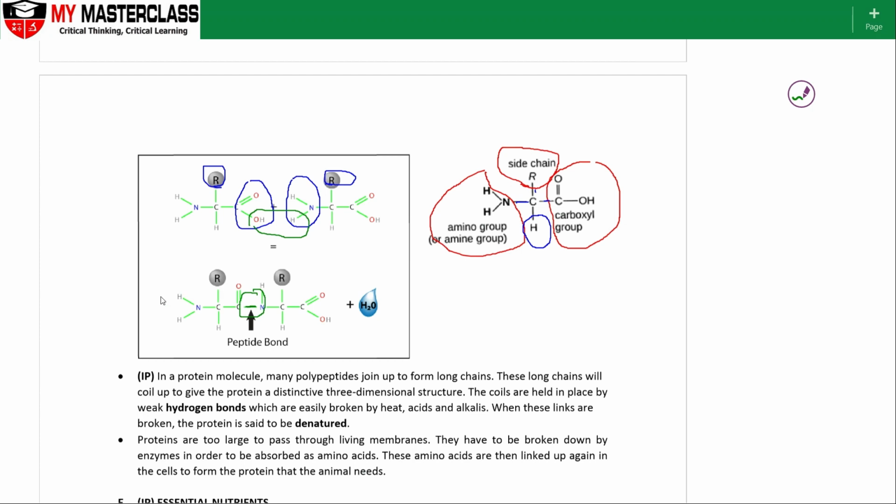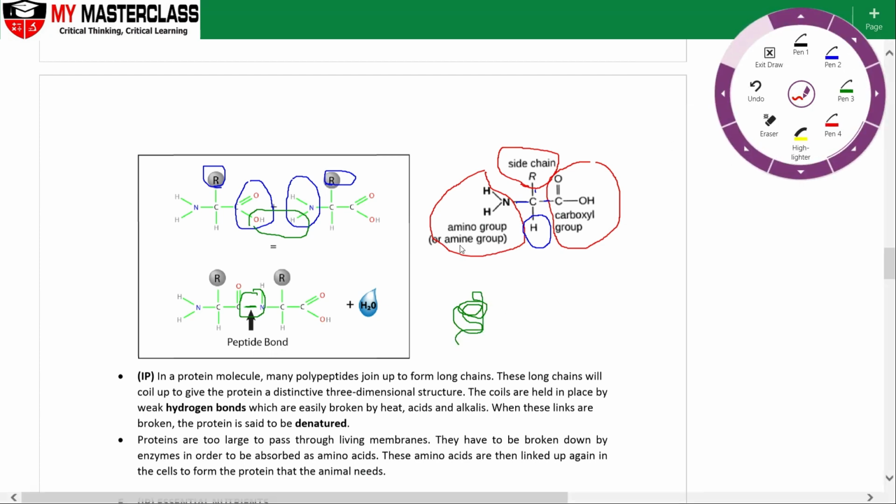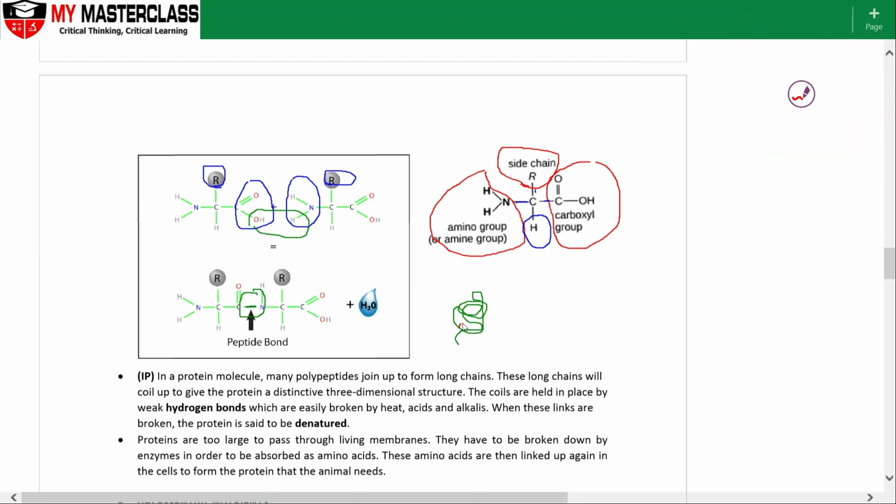Now, these polypeptides, as they get longer and longer, will form into a 3-dimensional structure which is convoluted. In order to hold this structure together, in between these bonds, I will have hydrogen bonds.